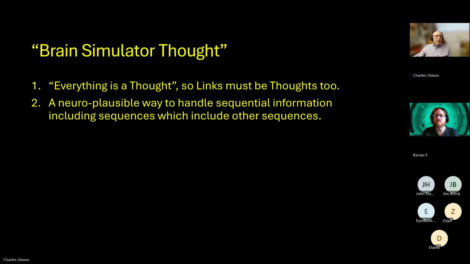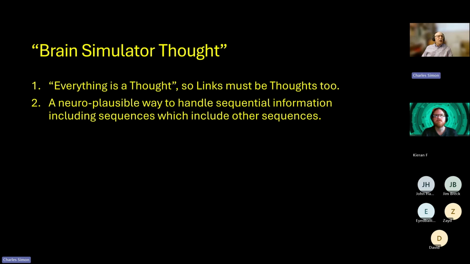So without further ado, let us jump in with the grand agenda. And on the grand agenda, there are only 2 items. Item number 1, we're talking about Brain Simulator Thought. Brain Simulator Thought is a new thing.